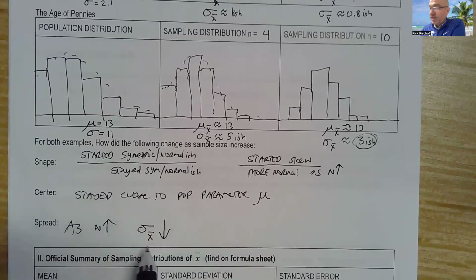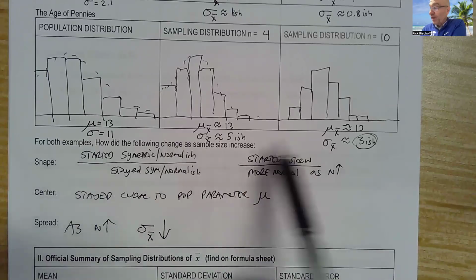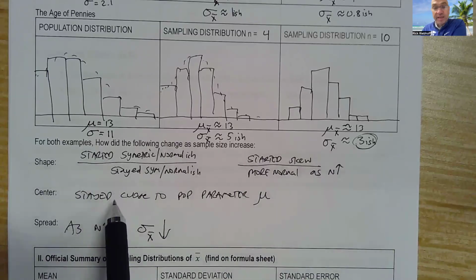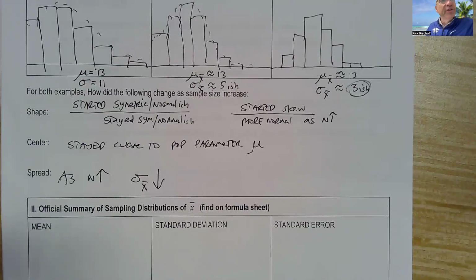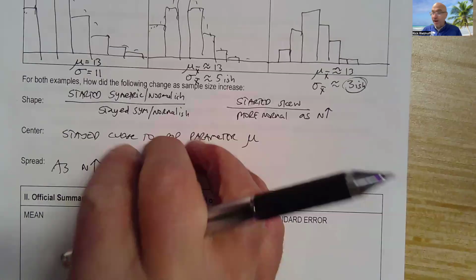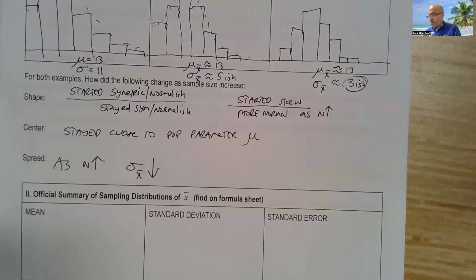So our sampling standard deviation got smaller and smaller and smaller as we got bigger. So less variable, more normal, center stays the center. All right, so let's look at our green sheet, our formula sheet, because it's got all of this that we just figured out here.